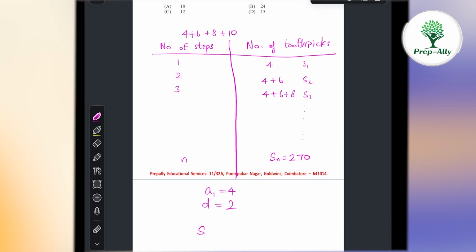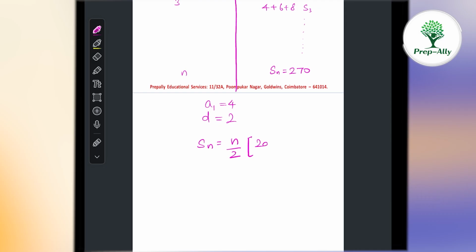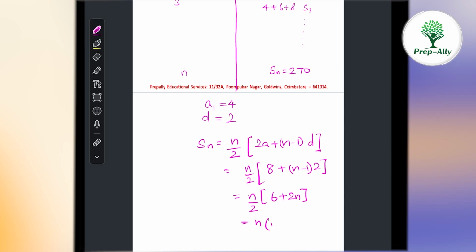So Sn equals n by 2 times 2a plus n minus 1 times d, which equals n by 2 times 2 times 4, that's 8, plus n minus 1 times 2, that's n by 2 times 6 plus 2n, which is n times n plus 3.